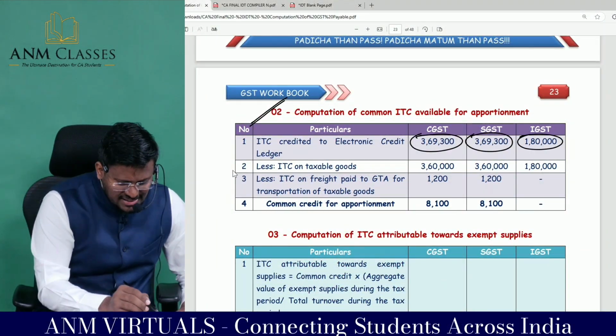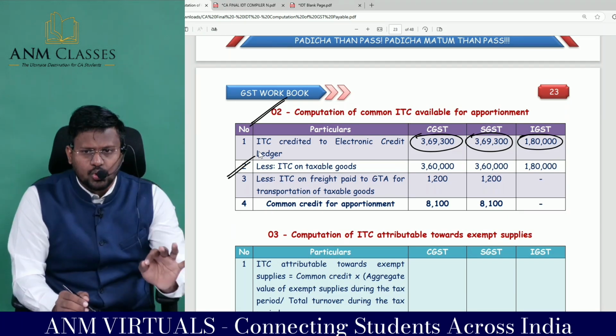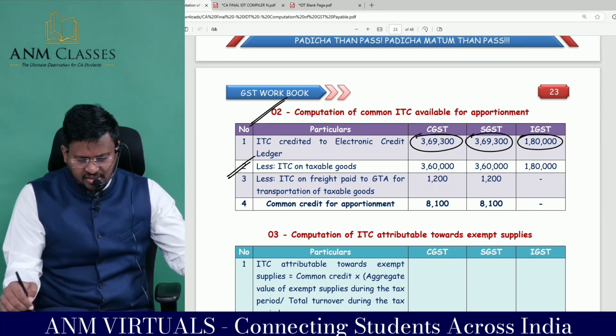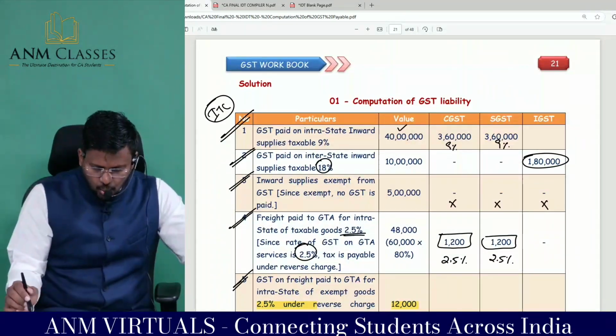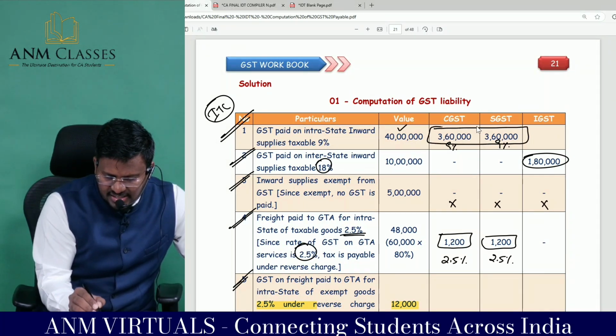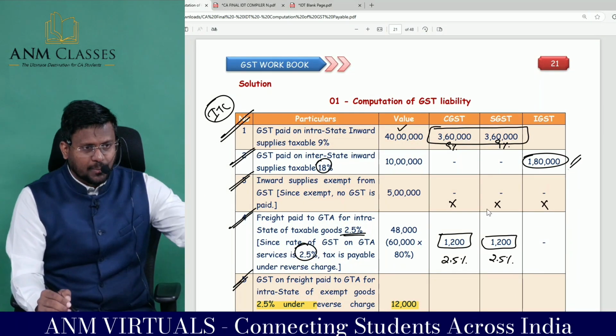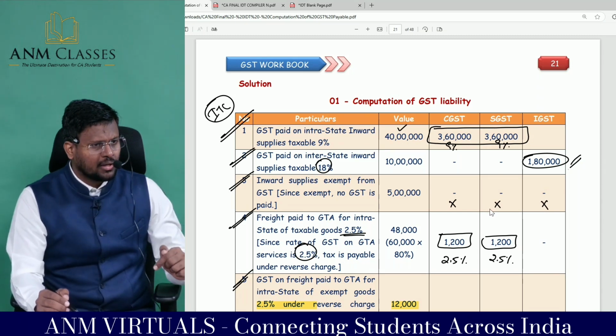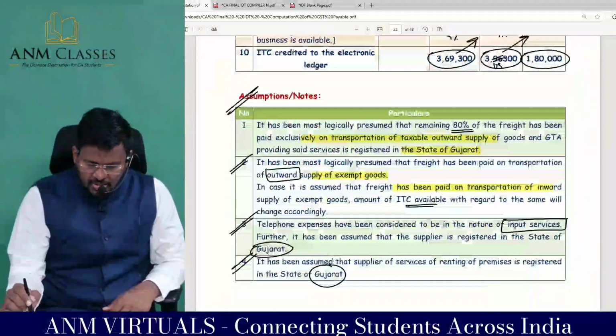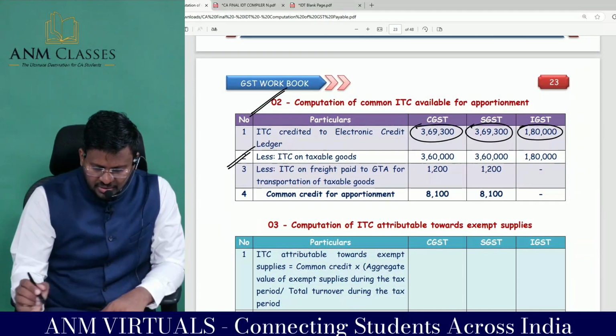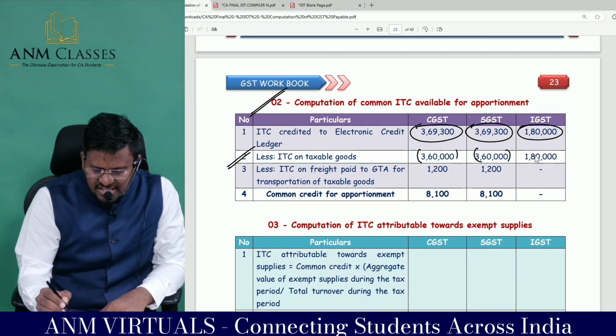In that, less ITC of taxable goods, exclusively used for taxable goods. Sir, we know that exclusively used for taxable goods are 3,60,000, 3,60,000 and 1 lakh 80,000. There is no exempted component. So that we are reducing as T4.